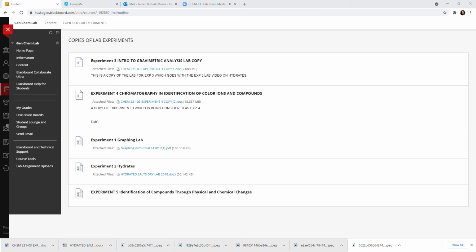So you multiply 15.999 times 4, which is 63.996. So I get 40.078 plus 32.06 plus 63.996, and I get 136.134 grams per mole.